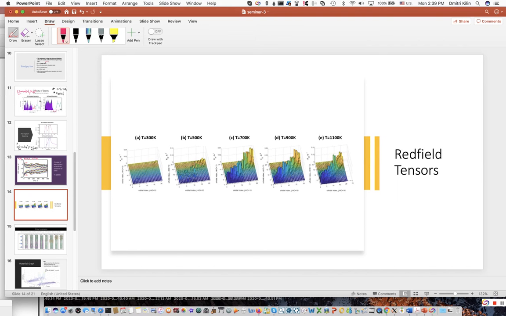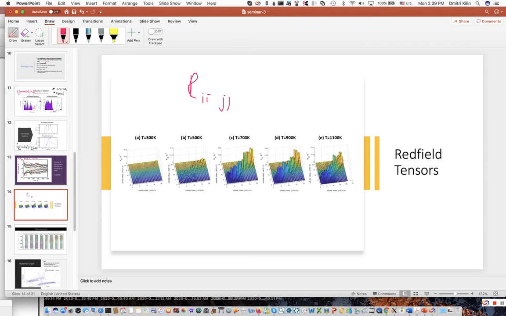We see that at lower temperatures, the transition rates are essentially negligible, and at higher temperatures, the transition rates increase considerably.